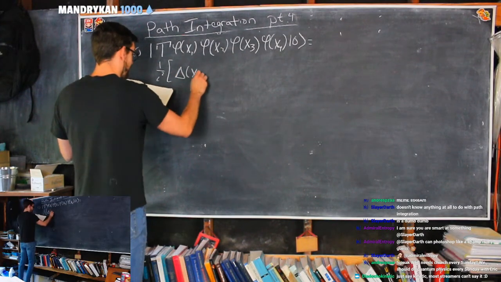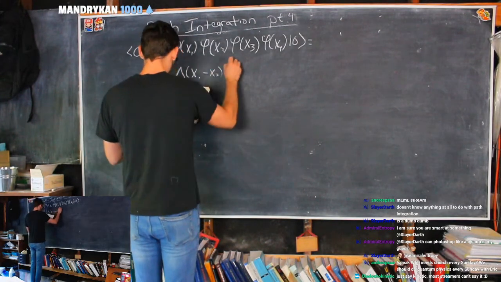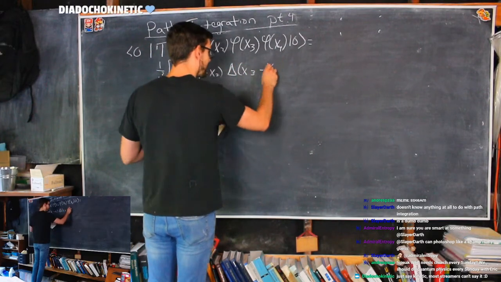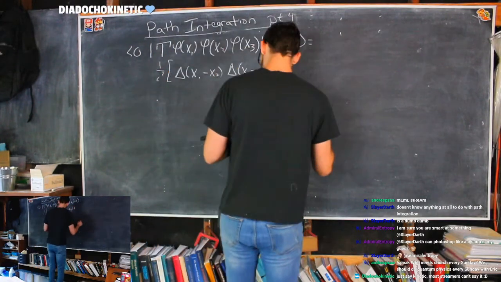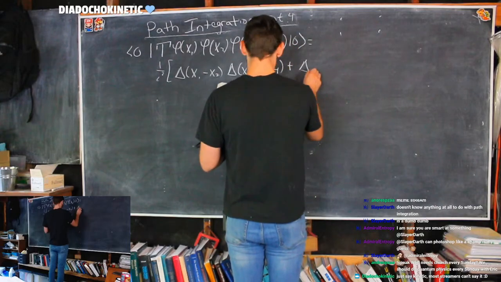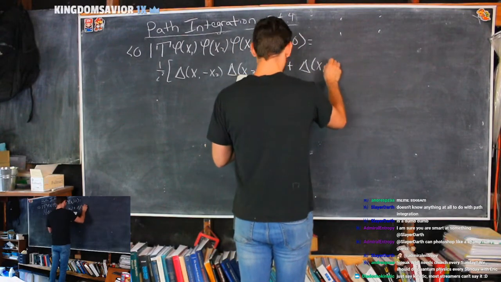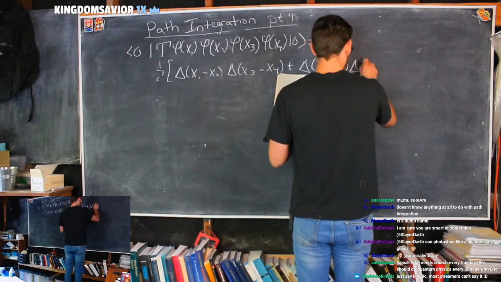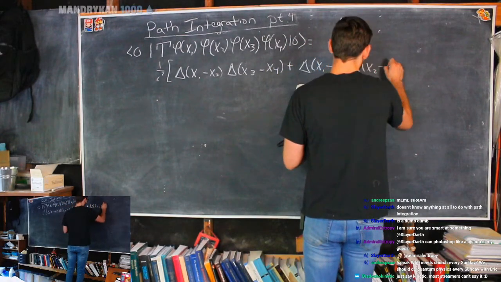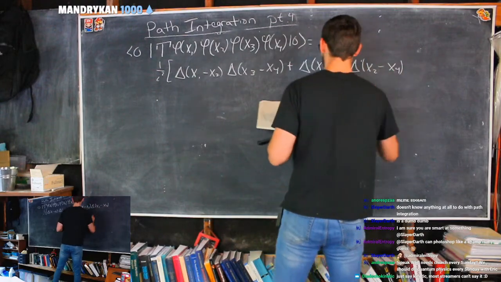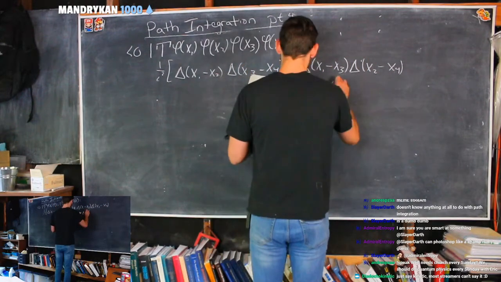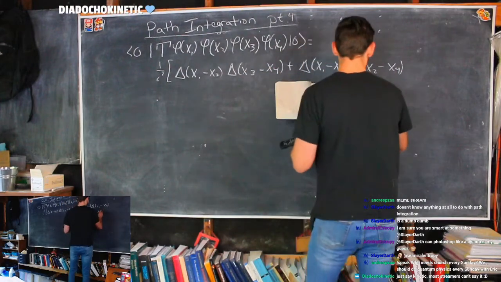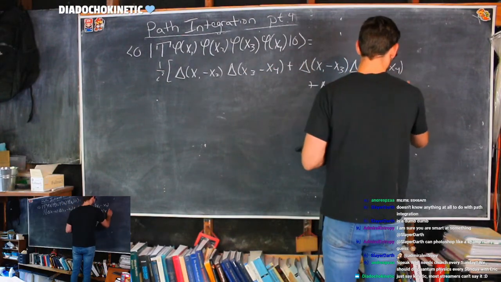The propagator from x1 to x2 times the propagator from x3 to x4, plus the propagator from x1 to x3 times the propagator from x2 to x4, plus the propagator from x1 to x4 times the propagator from x2 to x3.